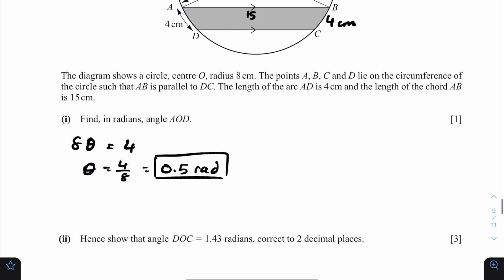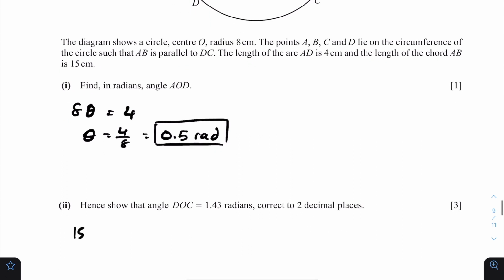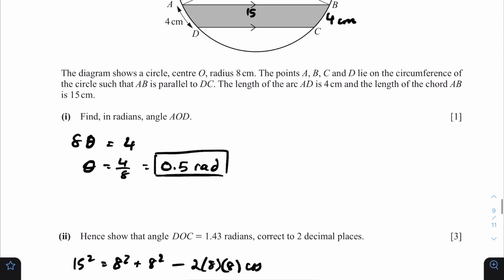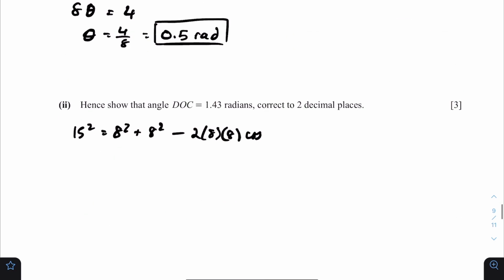Using the cosine rule, 15 squared is equal to 8 squared plus 8 squared minus 2 times 8 times 8 times the cosine of alpha, and let's solve that.